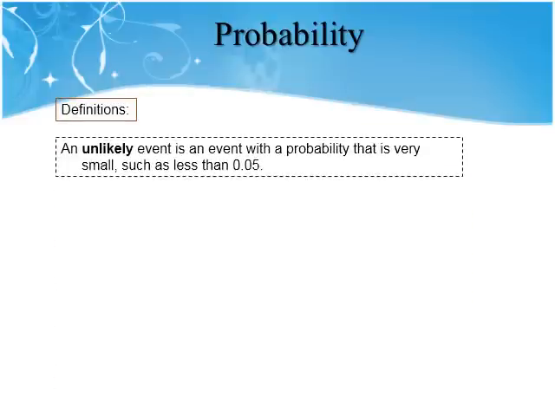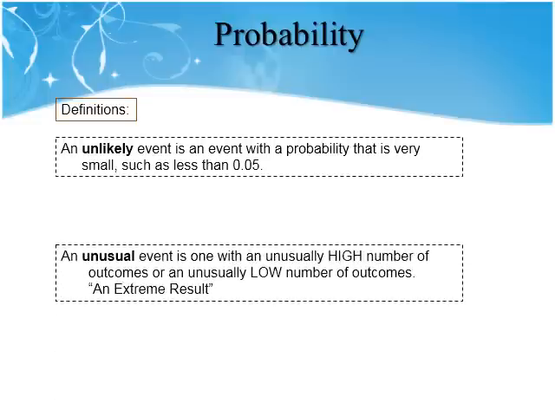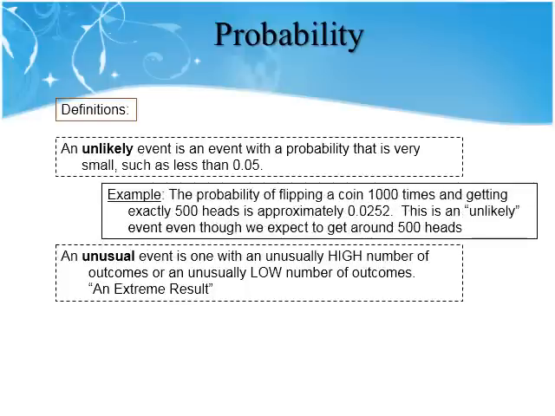An unlikely event is an event with a probability that is very small, such as less than 0.05. Not to be confused with an unusual event. An unusual event is one with an unusually high number of outcomes or an unusually low number of outcomes. And we call this an extreme result. So as an example of something that's unlikely but not unusual, consider this example.